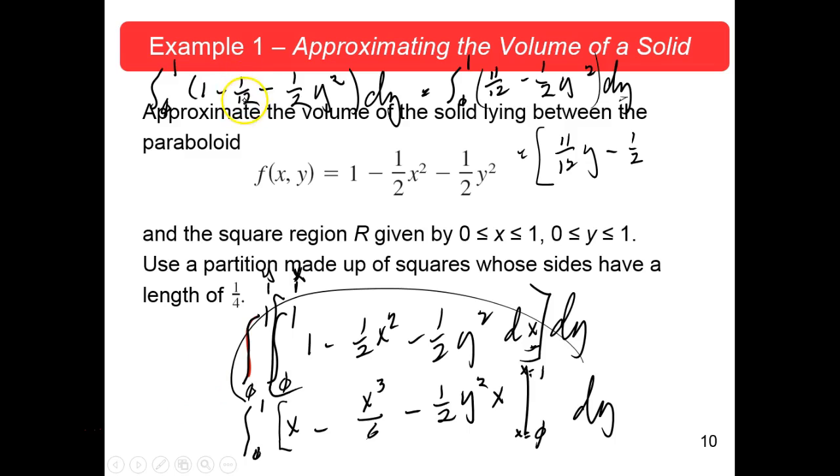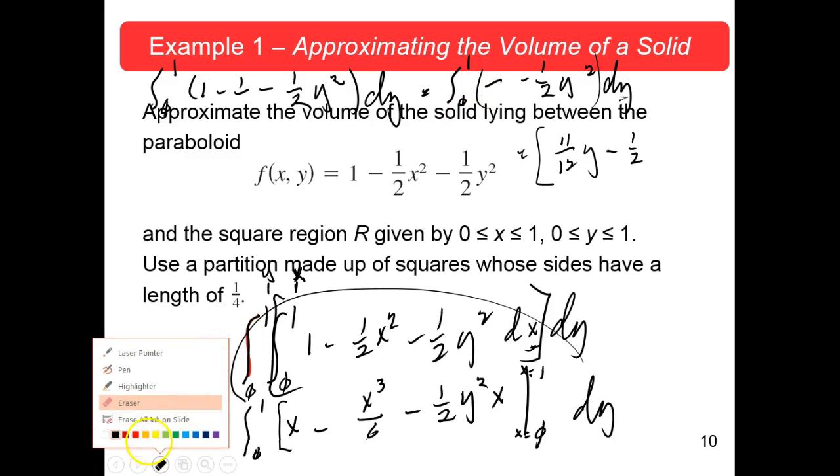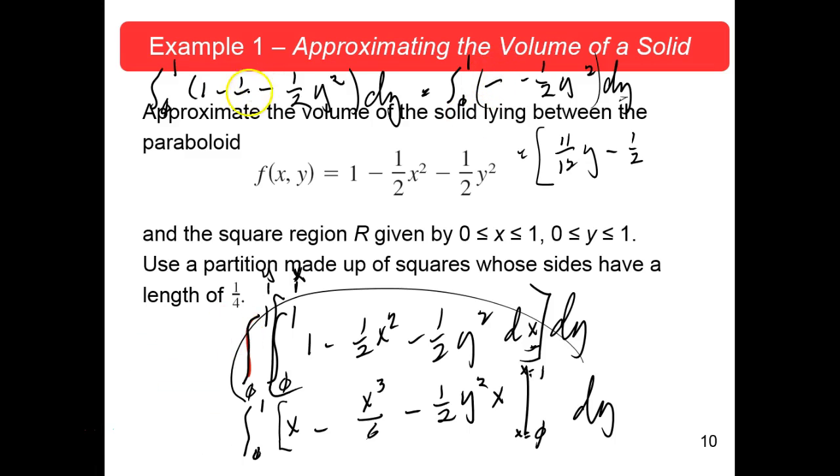Can't get my eraser to come up. There we go. Let's see. I think we'll be all right now. So this is 1 minus 1/6, which will be 5/6. And that then will be 5/6 y.